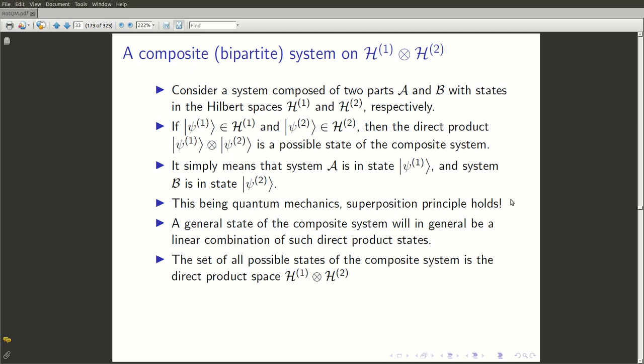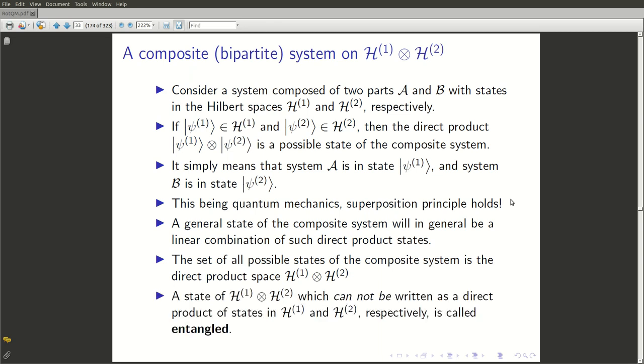You may have already come across this in a linear algebra course, where a direct product of two vector spaces can be formed by taking all possible linear combinations of direct products of vectors, one taken from each vector space. Now, there are states in H1 ⊗ H2 which cannot be written as a direct product of states in H1 and H2.